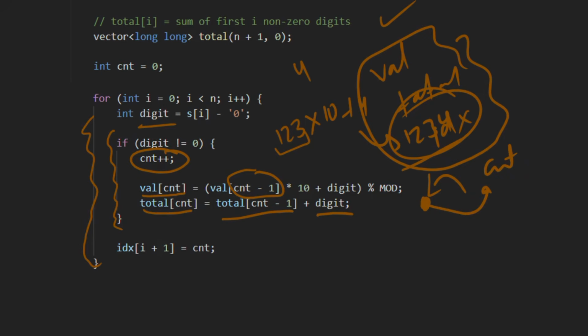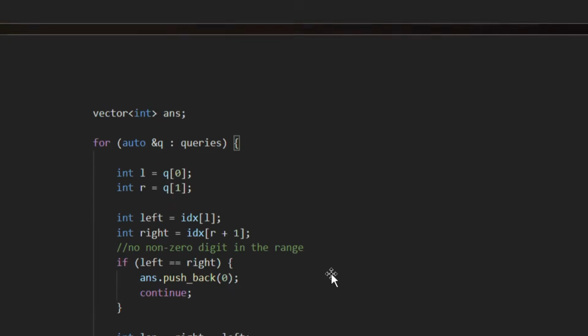So this count variable is counting the number of non-zero digits, right? And then index of I plus 1 is basically count, that is the number of non-zero digits before this index or before the next index, right?